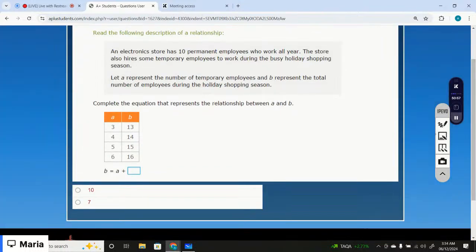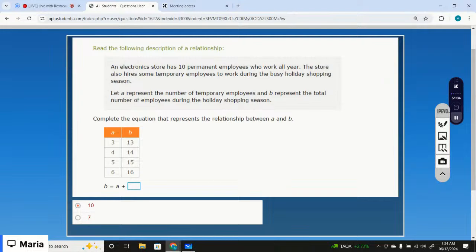That is 3 plus 10 is 13, 4 plus 10 is 14. So option number 1 is the correct option. The correct option is option number 1.